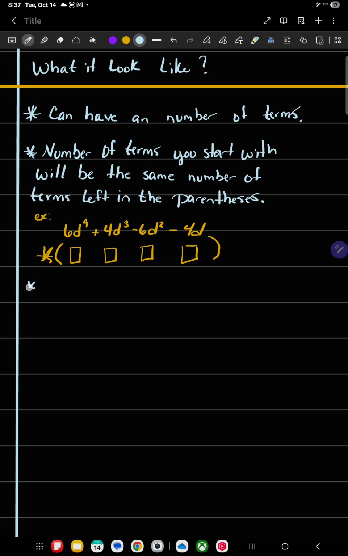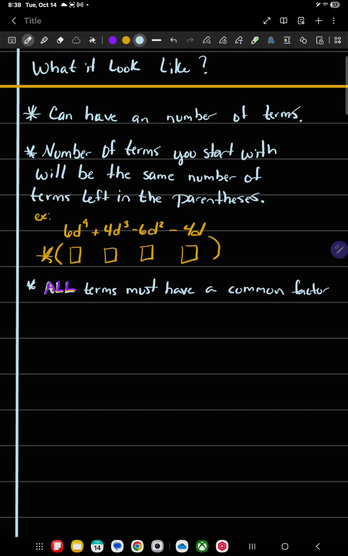Next bullet. Now, in order for you to do greatest common factor, all the terms, all terms must have a common factor.